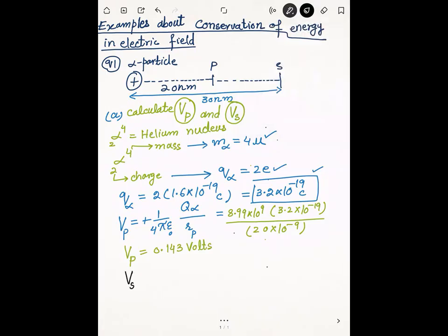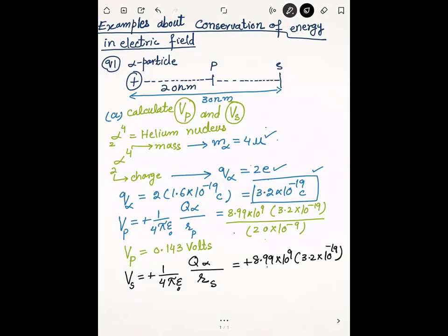In the same manner, we can calculate the potential at point S. VS will be, since the alpha particle is a positive charge, plus 1 over 4 pi epsilon naught times the charge of the alpha particle divided by the distance of S from the alpha particle. So it would be plus 8.99 into 10 power 9 times 3.2 into 10 power minus 19.